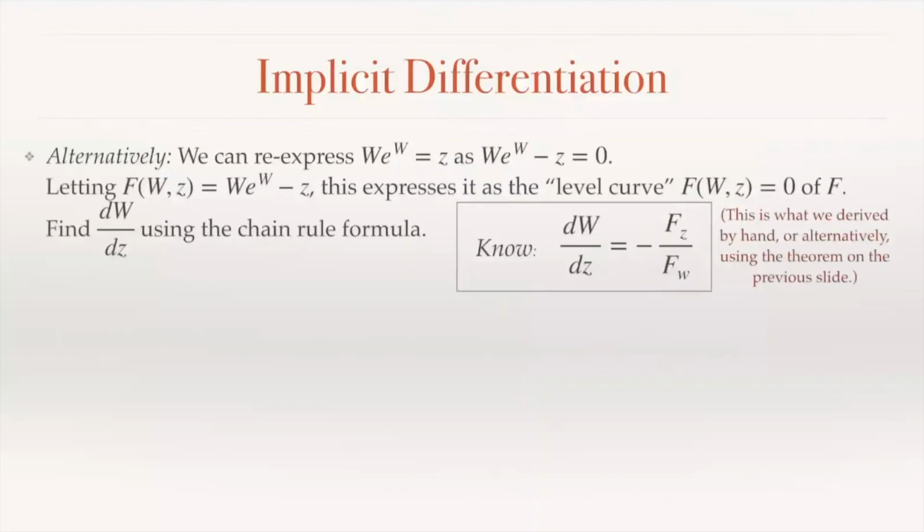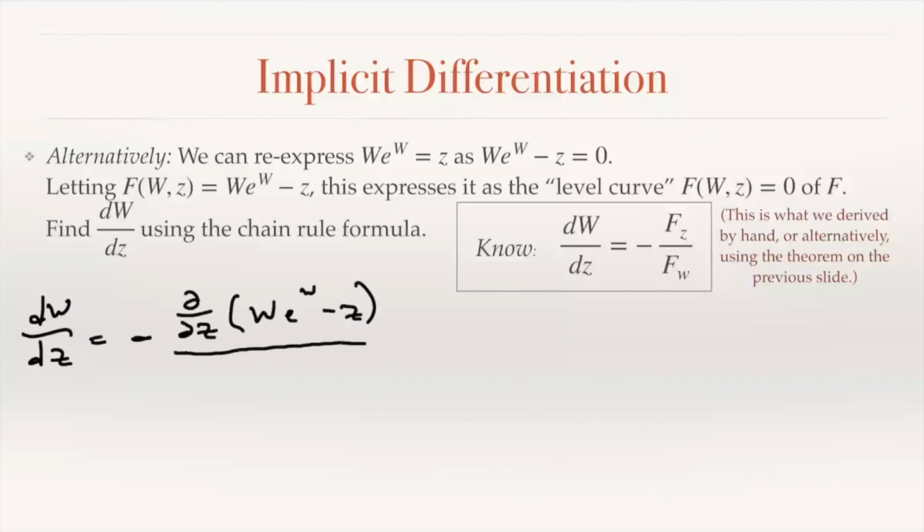Okay, let's redo this implicit differentiation that we did using Calc 1, now using this formula to illustrate it. So we know that dw dz is negative f sub z, that's del z of w e to the w minus z, over f sub w, that's del w of w e to the w minus z. And now these are proper partial derivatives.